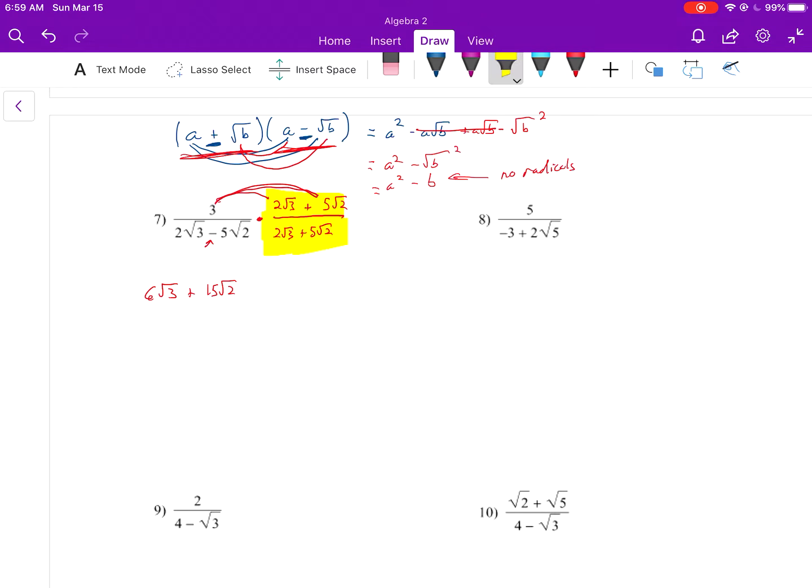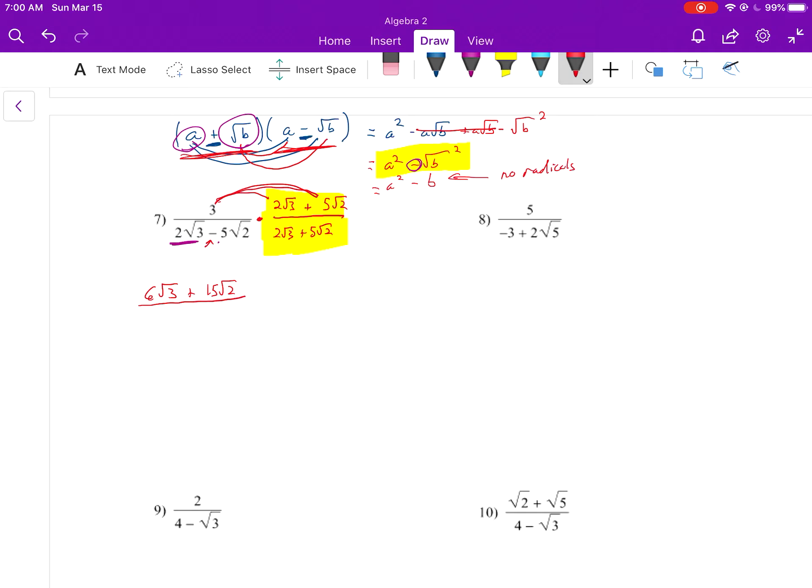The other thing that I should have mentioned up here is when you multiply something by its conjugate, you just end up with the first term squared minus the second term squared. So when you multiply conjugates, you only have to do that. And that will really shorten things up. You don't have to do FOIL every time.